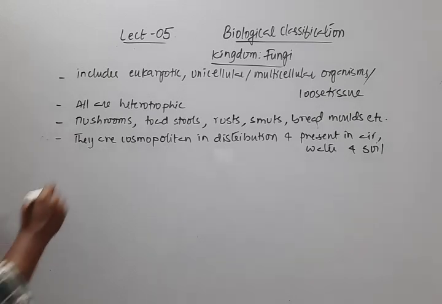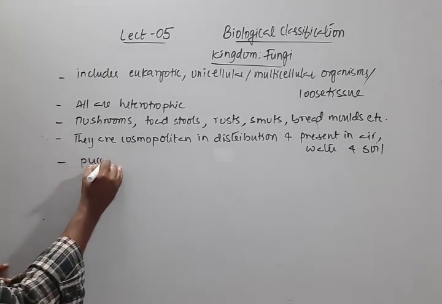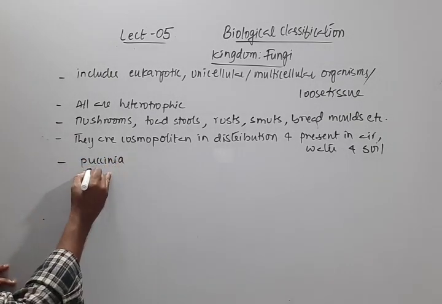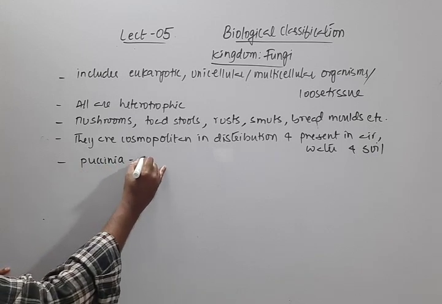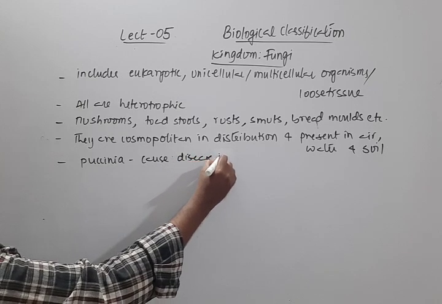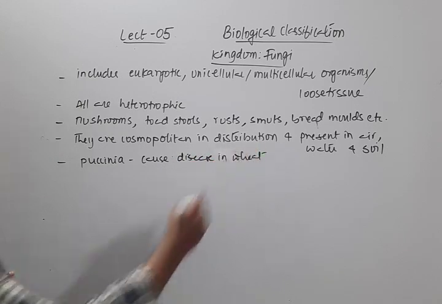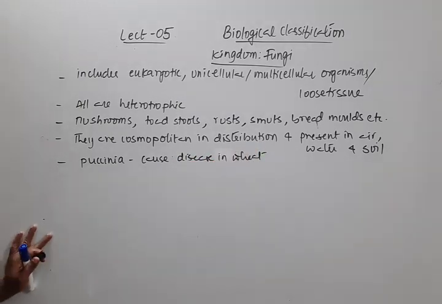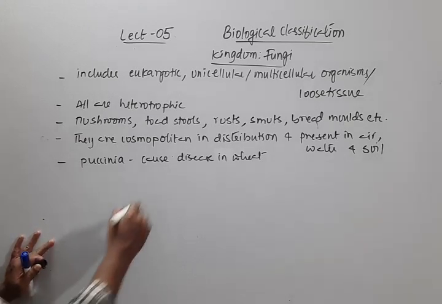For example, Puccinia is a fungus that causes disease in wheat plants, called wheat rust.